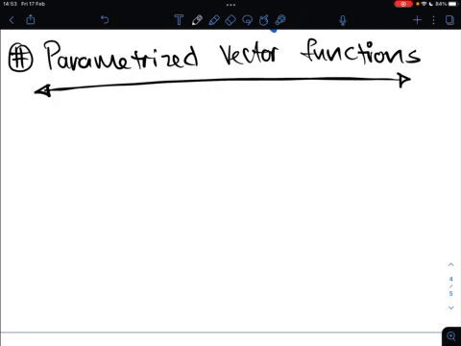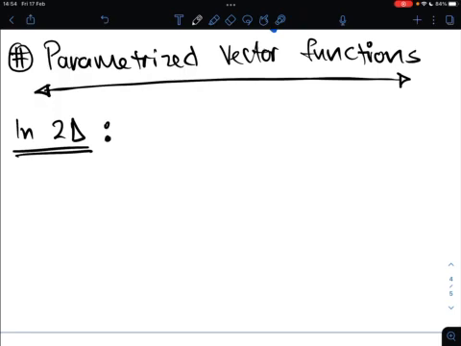So that's why we have to bring in parameterized vector functions. But what exactly is a parameterized vector function? We are going to define these in 2D and 3D space, and later we shall move to higher dimensions, but for now we'll restrict ourselves to the 2-dimensional and the 3-dimensional space. So let's define these in 2D space.